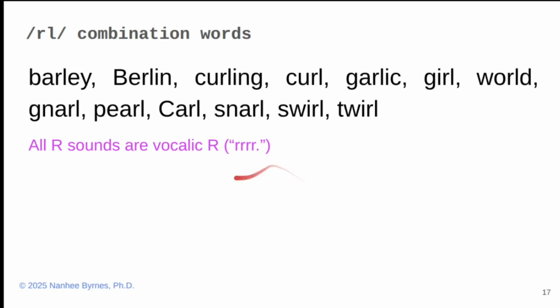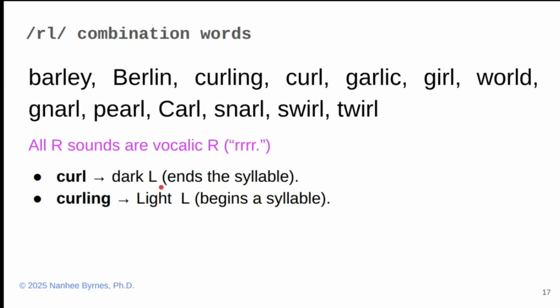In all these words, the R comes at the end of a syllable, so it is a vocalic R. Some Ls are light, and some are dark, depending on their position in the word. For example, compare curl and curling. In curl, the L is a dark L because it ends the syllable. In curling, the L is light because it begins the next syllable.